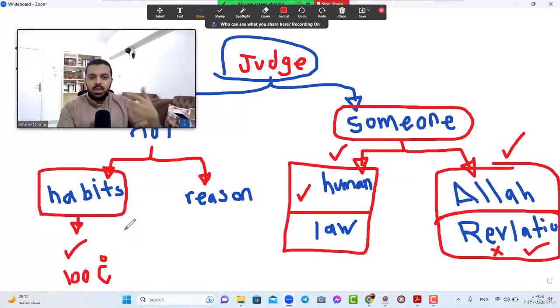It's because we repeated this experiment of boiling water millions of times. So under normal conditions, there is no change. This is also called habits or experimental judgment, hukm 'adi, according to what we see repeated in our daily life.